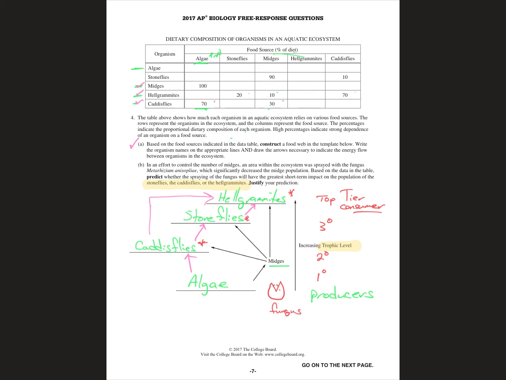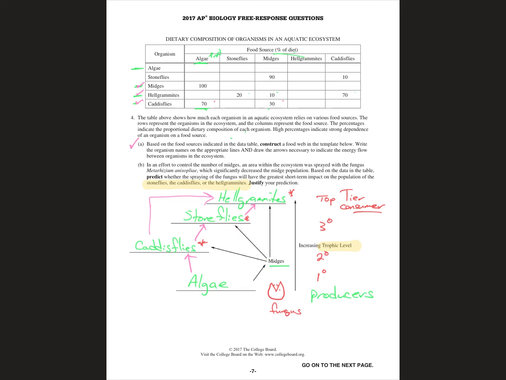Well, if you think about it, if this fungus gets rid of all the midges, the caddisflies still eat algae, so the caddisflies could still survive, to a lesser extent, obviously, because they don't have midges. But if the midges aren't eating algae, there's probably more algae, so I don't know. Stoneflies, however, are eating two things: caddisflies and midges.